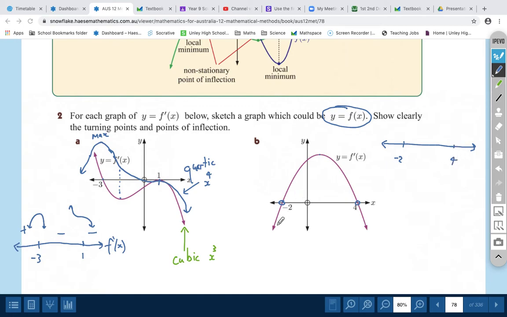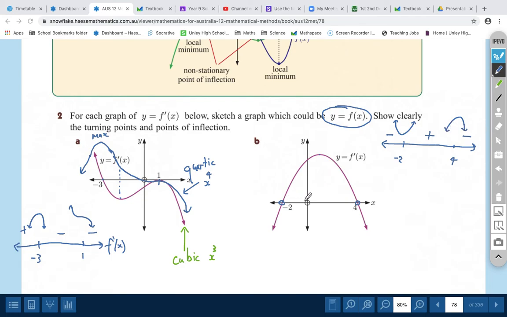We have negative values before we get to minus 2, then positive gradients all the way across to 4, and then negative gradients. So we're going downhill and then up, so the function will be decreasing, then increasing. And here we're going to have a maximum.